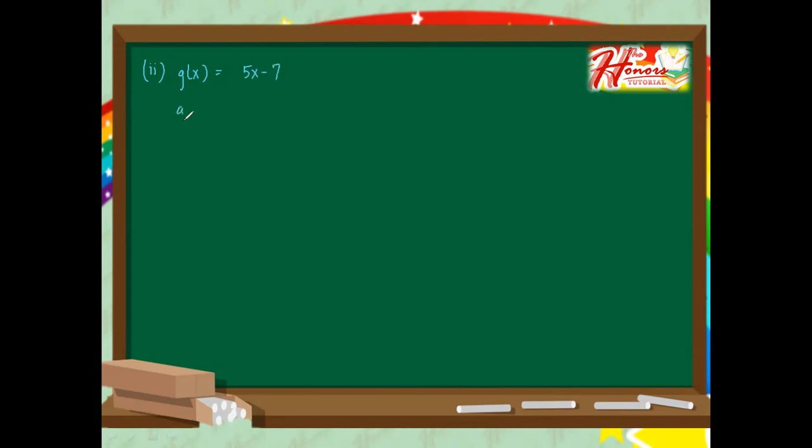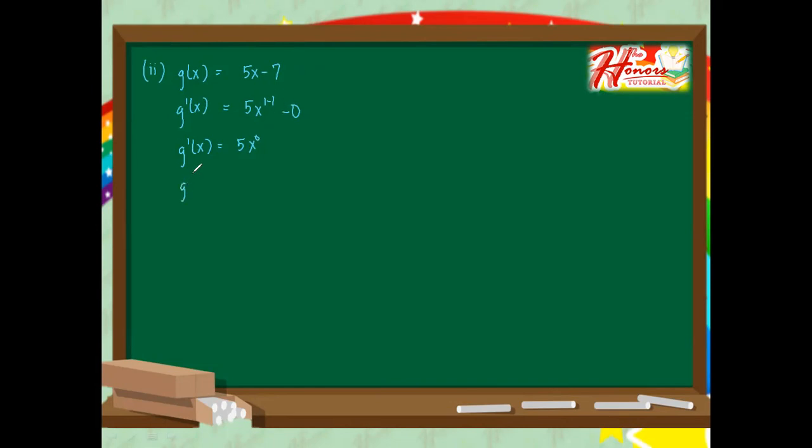And then we will be having g prime of x, and that is 5 x raised to 1 minus 1 minus 0. Why is it minus 0? It is because 7 is a constant, so therefore automatically it should become 0. Next, g prime of x is equal to 5x raised to 0, and then I remove minus 0 since it has already been 0.